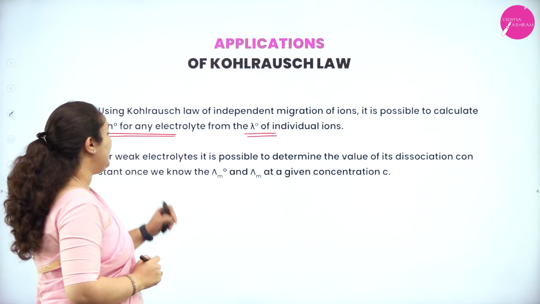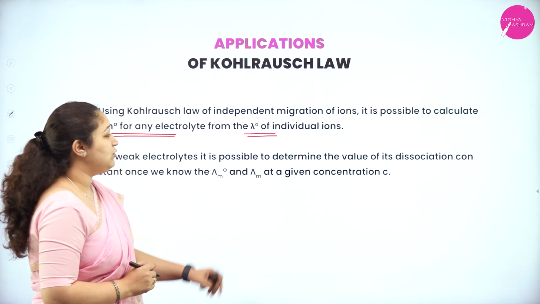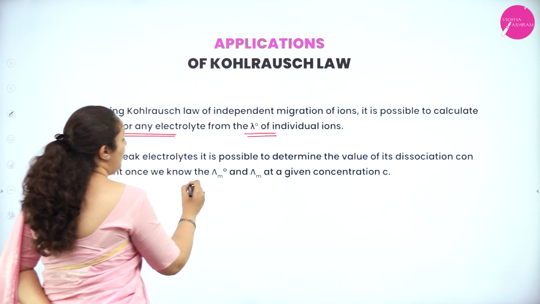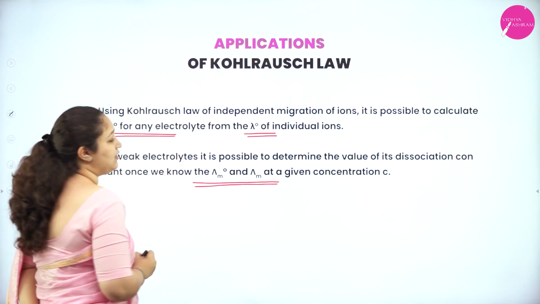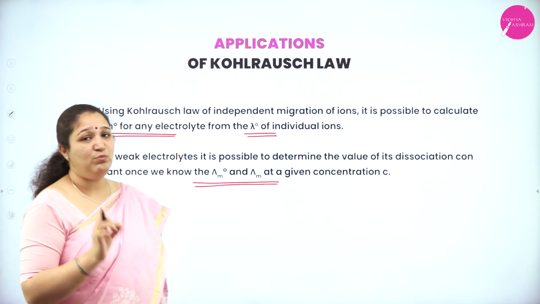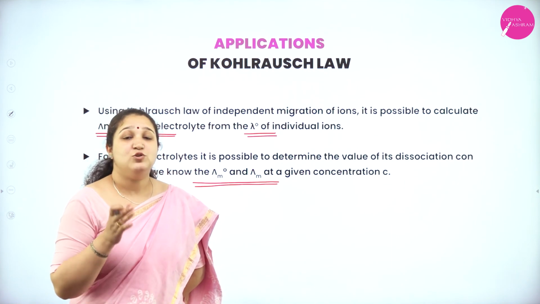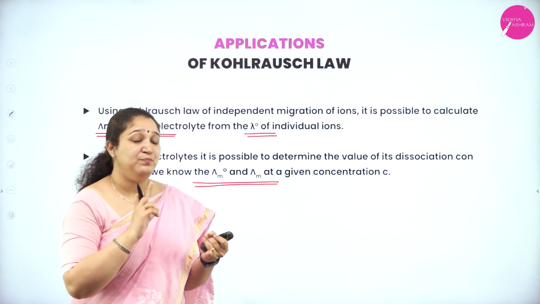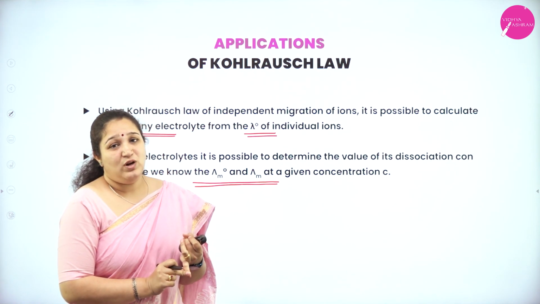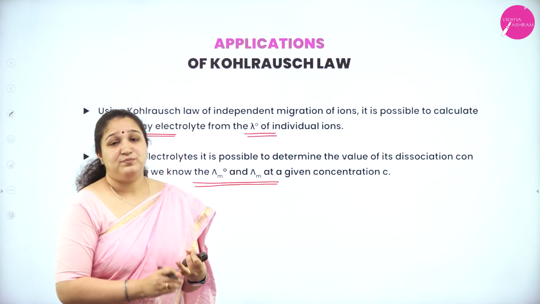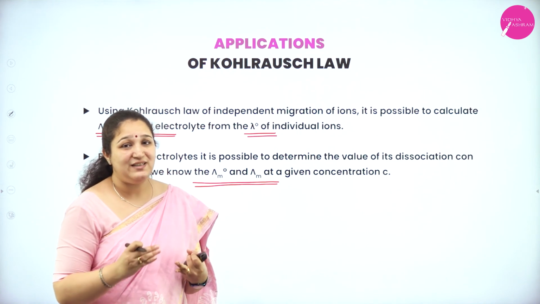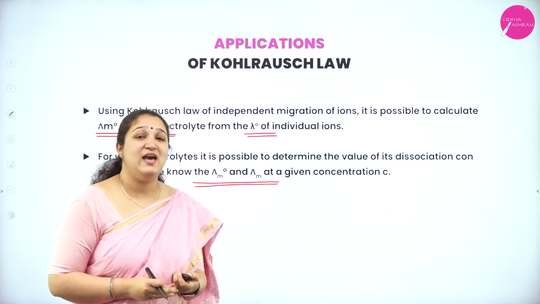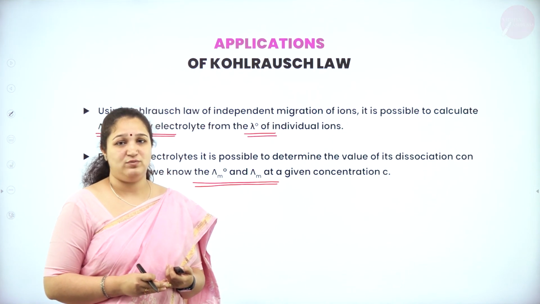Also, for weak electrolytes, it is possible to determine the value of dissociation constants once we know the limiting molar conductivity as well as the molar conductivity. So, using Kohlrausch law, it is possible for us to calculate the limiting molar conductivity of a weak electrolyte. Also, we can calculate the degree of dissociation of a weak electrolyte. So, this is the application of Kohlrausch law.